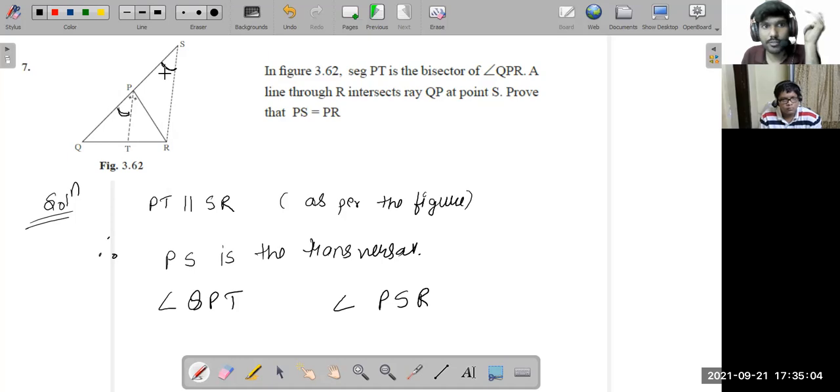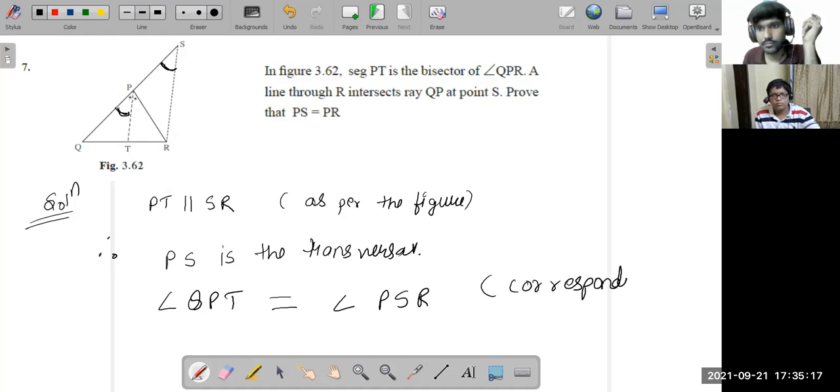They are corresponding angles, yes or no? Yes, sir. And they will be equal to each other. So corresponding angles are equal. This I'll name as equation 1.